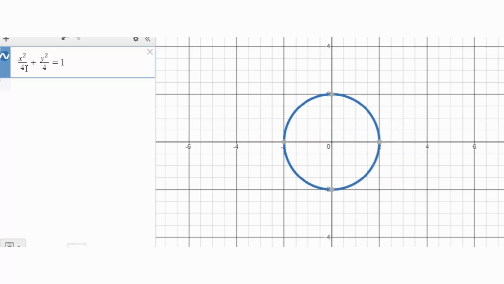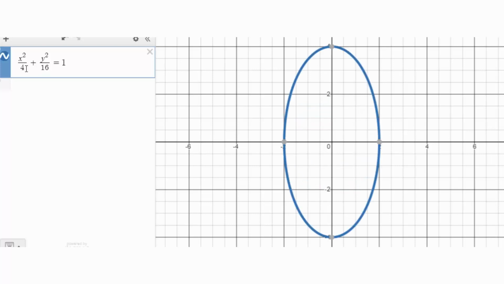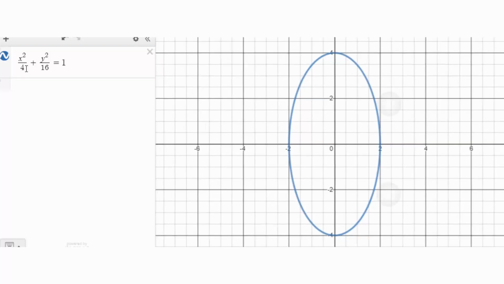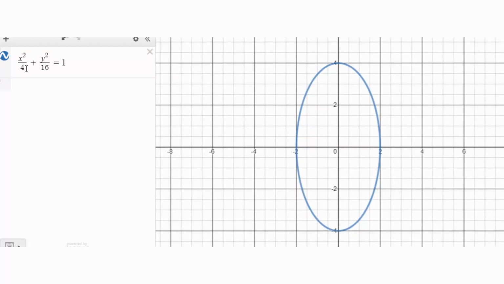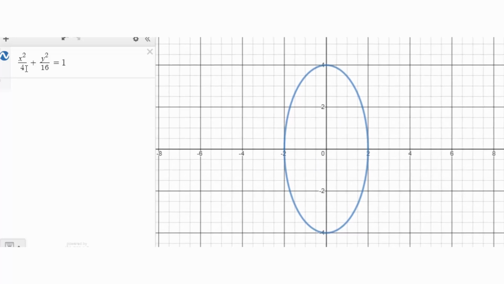And likewise, let's do the same thing with y. Let's change it back to a circle of radius 2 and change the number underneath y squared to, say, 16. And then look at what happens here. We've got a circle that's been stretched out vertically, and this intercept here that was at 0, 2 is now at 0, 4.